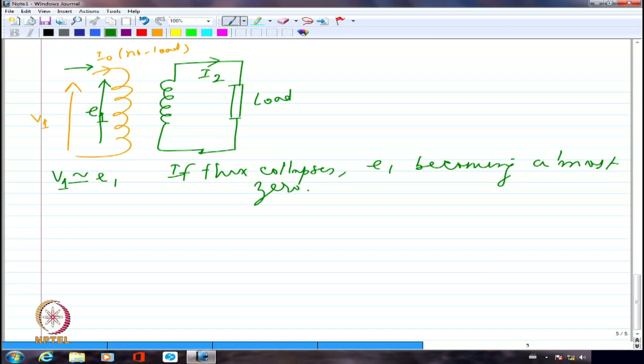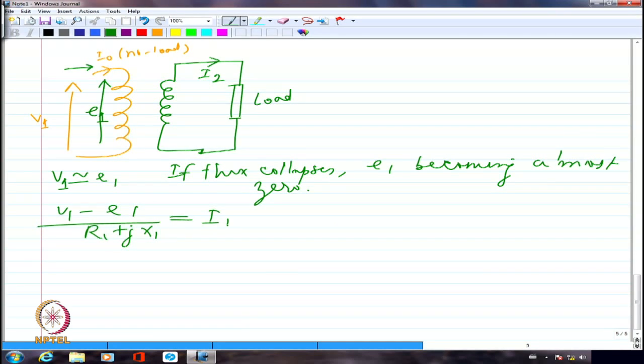Obviously, if E1 is diminishing, the voltage difference between V1 and E1 will draw a huge current, which will be equal to (V1 minus E1) divided by (R1 plus jX1). That will be my I1.